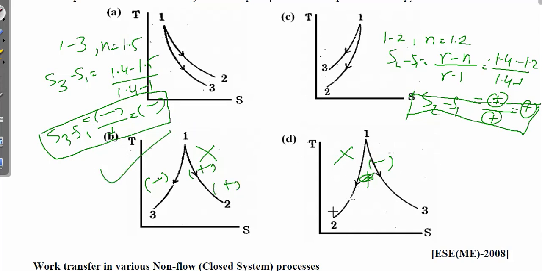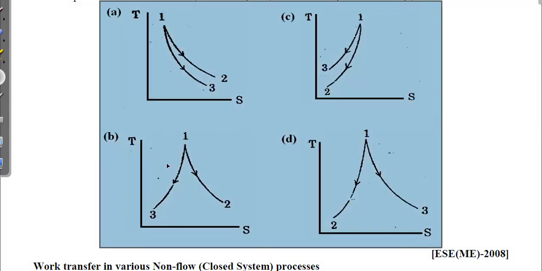For this last one, 1 to 2 is coming negative and 1 to 3 is coming as positive, but we have seen 1 to 3 is negative, so this option is also wrong. So the correct option is B. Now you got the logic of how option B is the correct answer for this question, depending upon the formula which you have to know for solving this question.